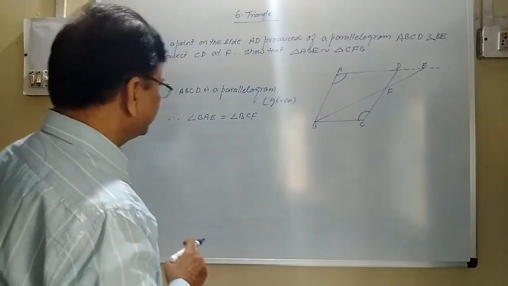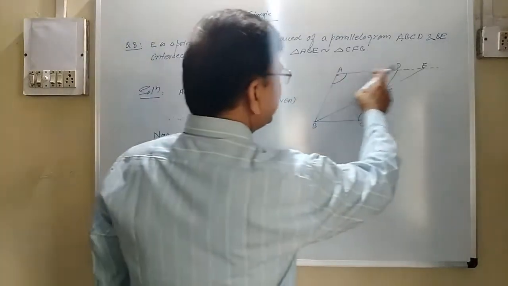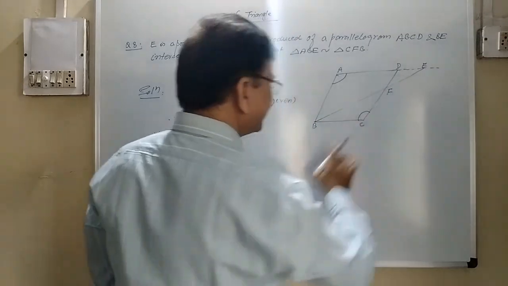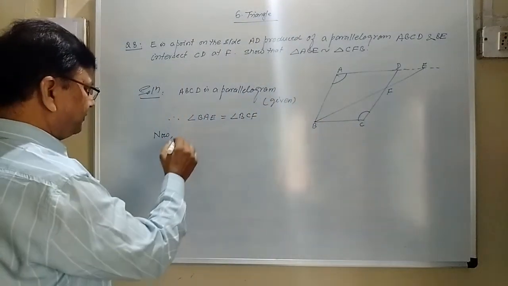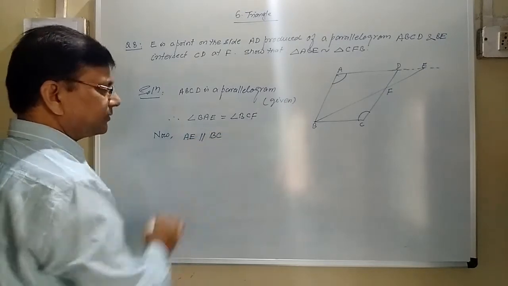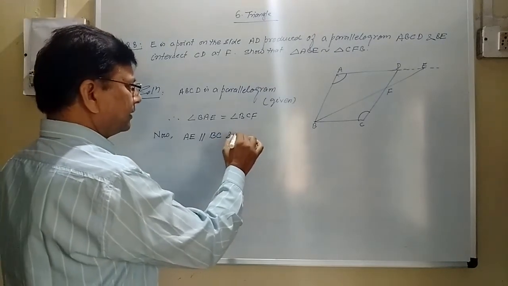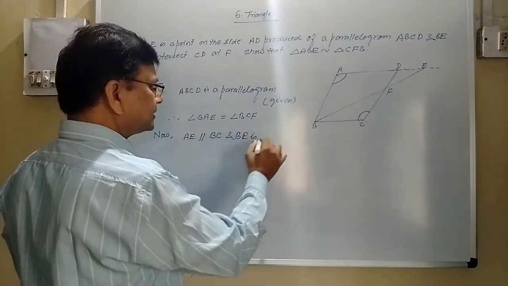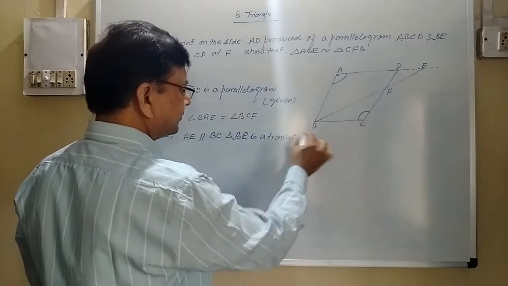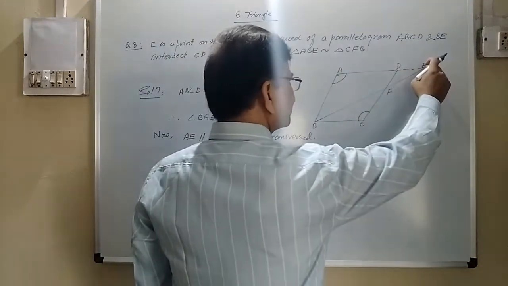Now, AD is parallel to BC, or we can say AE is parallel to BC, and BE is a transversal.